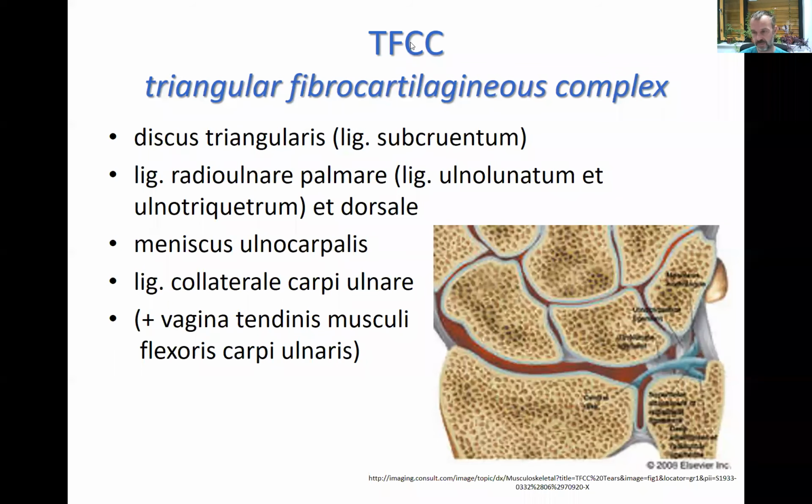And clinically, the structures which are located here are called the triangular fibrocartilaginous complex, because the articular disc has got a triangular shape, and the disc is cartilage. And the fibrous part are these ligaments.